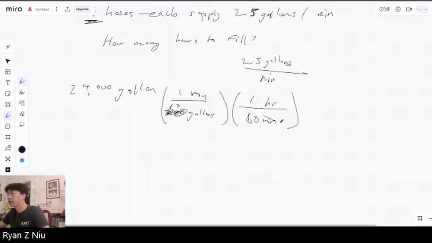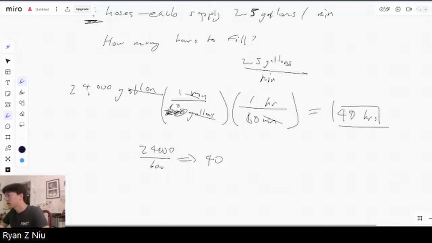At the end, these will cancel out, these will cancel out, so we're just left with hours. And if you just do the math, 24,000 divided by 600 is 40. So it's 40 hours. Does that make sense? I don't see any questions, so we can move on.